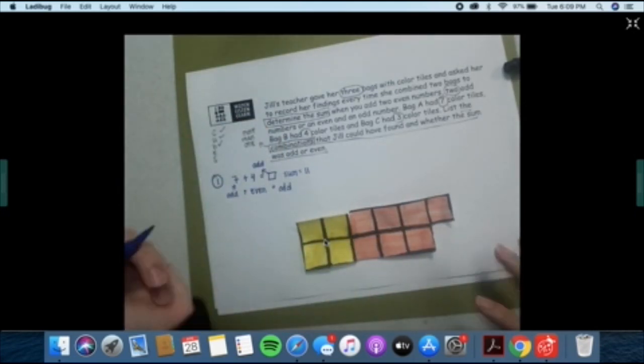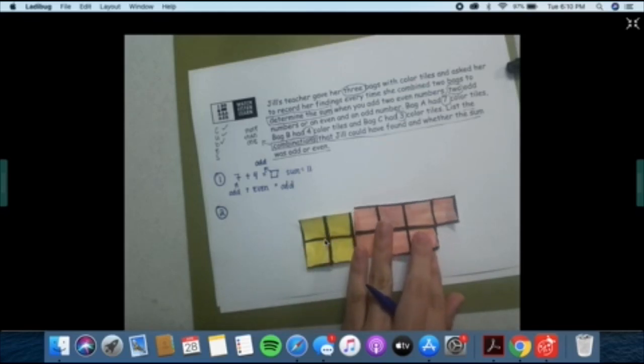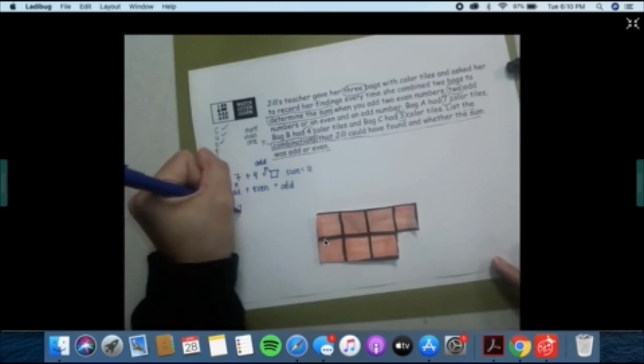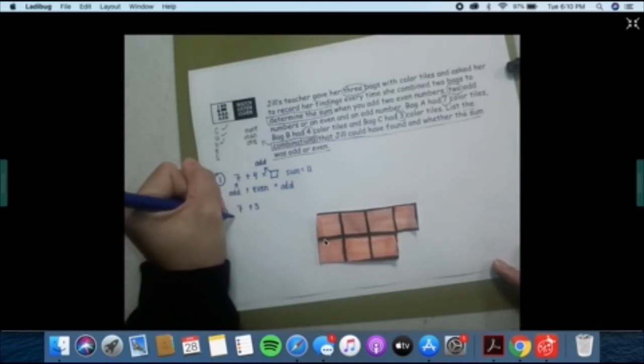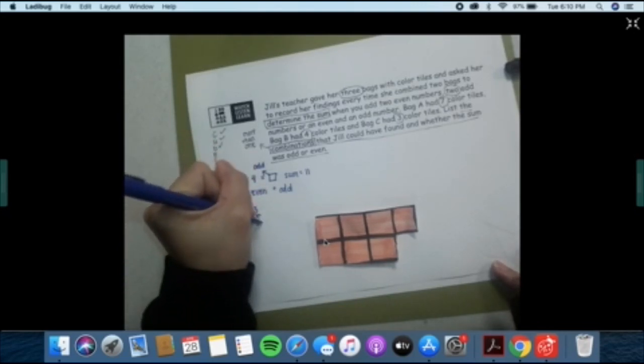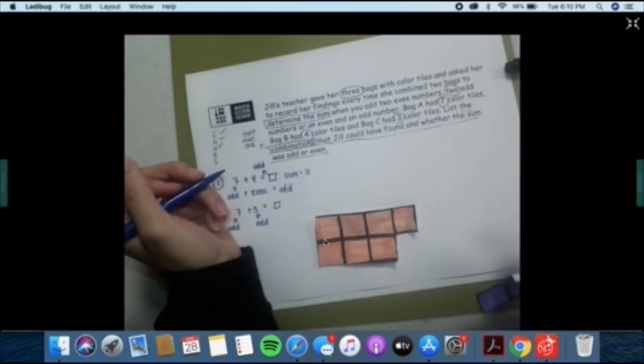Combination 2 would be, I could do Bag A and Bag C, and I can see that, again, we know 7 is an odd number, and 3 is an odd number. So 7 plus 3 would equal our blank, or our sum, our whole.